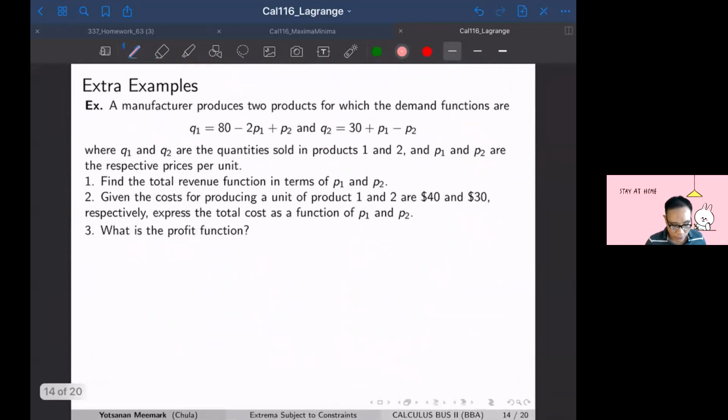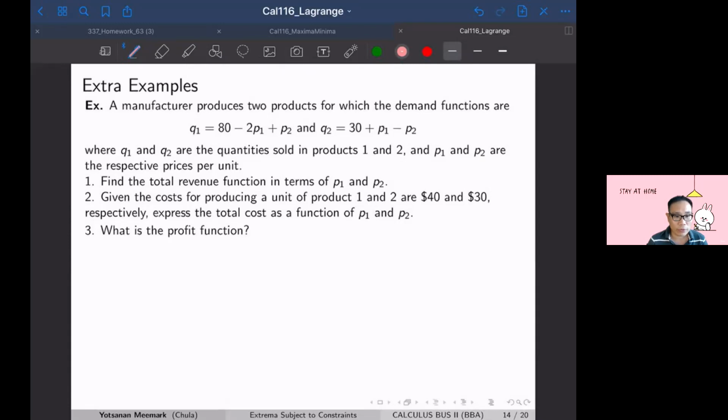For the first one, you have a manufacturer that produces 2 products, with demand functions Q1 equal to 80 minus 2P1 plus P2 and Q2 equal to 30 plus P1 minus P2.